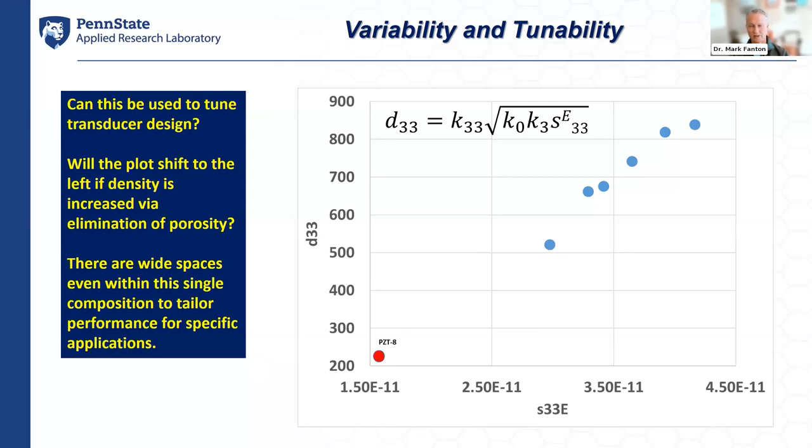Interesting that it does kind of extrapolate all the way back to some of the harder PZT materials. So it does begin to beg the question, maybe there's some wider space to play in here in terms of giving yourselves another way to tune material performance by tuning texture fraction.